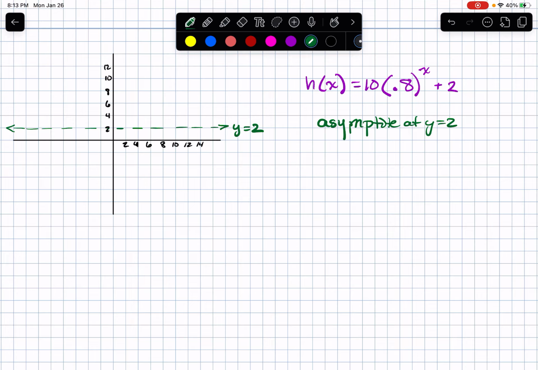That means as my function approaches positive infinity, since this is decay, h of x approaches 2. And then my initial value instead of 10 would be 12. And I can get the rest of the points from my table, but the next point would be 10.